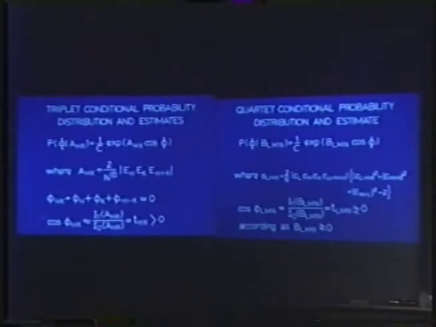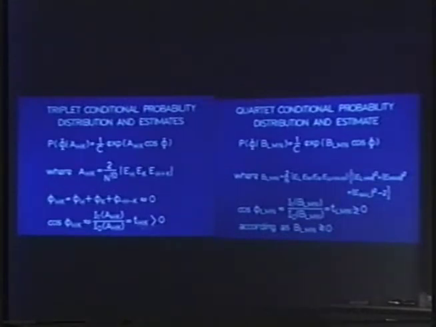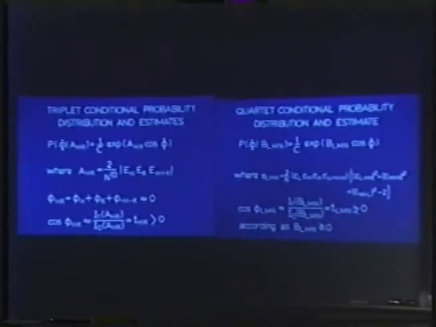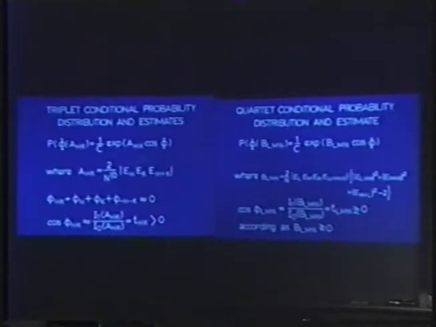So the expected value of the cosine invariant, which on the previous slide appears as t sub hk, is expressible in this way in terms of the normalized magnitudes of the structure factors Eh, Ek, and Eh plus k.